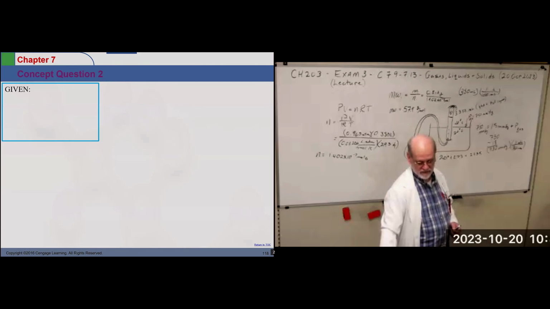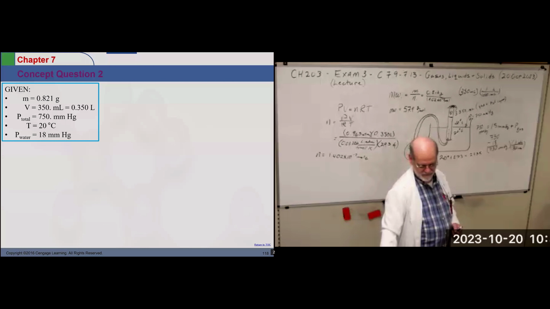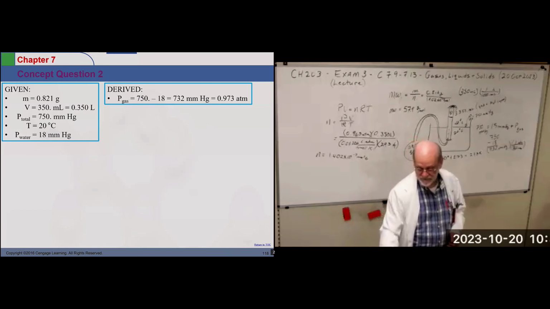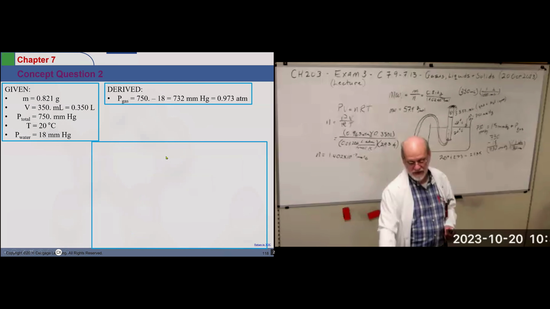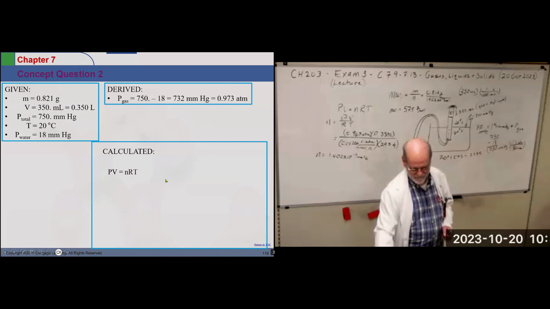Oh, it's worked out. Let's see if I did it right. Okay. Got mass, volume, pressure, temperature, pressure of water, that's given. Okay. So we're going to get the atmospheric pressure conversion. Actually, we got 732 millimeters of mercury. Then we convert it to atmospheres.